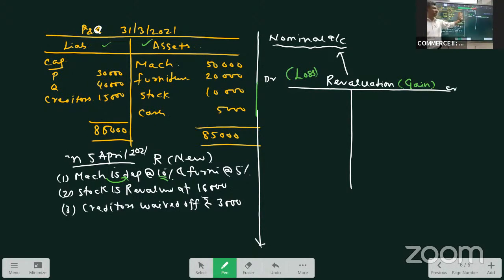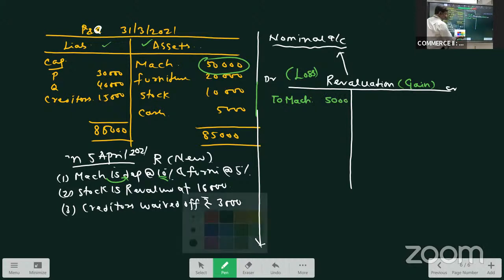All the expenses and losses are to be debited. All the gains because of revaluation of assets and liabilities are to be credited. Depreciation is a loss. So that has to be captured on the debit side. See, what is the cost of machinery? 50,000. 50,000, 10% would be how much? So let us show it on the debit side as to machinery 5,000.